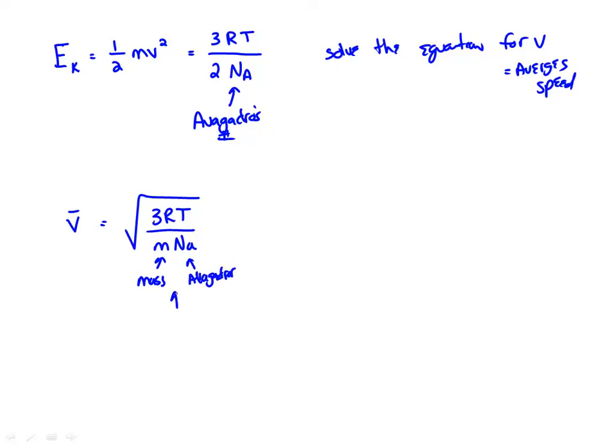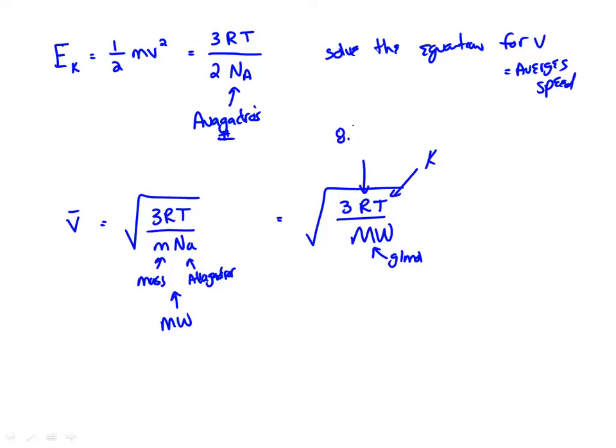What that ends up being is simply the molecular weight, and so we can also say it's equal to the square root of 3RT all over m, where m is in grams per mole, it's our molecular weight, and temperature is of course in Kelvin, and R is our friendly old gas constant, except since we're talking in terms of energy, we want to use 8.314 joules per mole K.